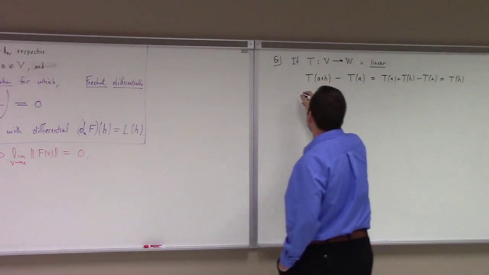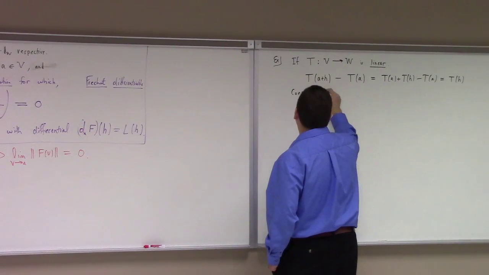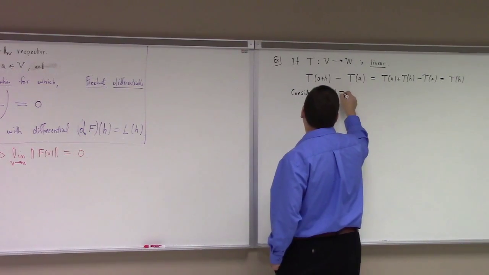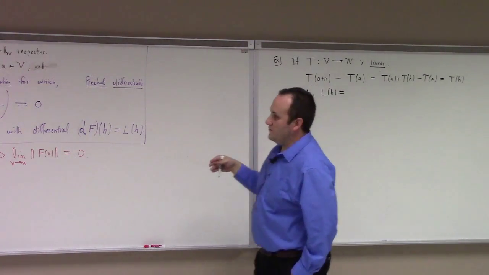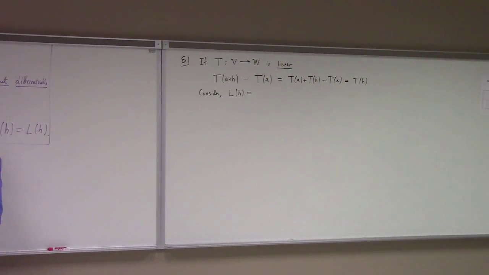So then consider, we're going to say L of h is equal to what? In order to prove that the linear transformation is differentiable, for the moment we're working with the definition, since we'll soon replace this with formulas that you guys will be happier about. To prove something is Fréchet differentiable, I have to propose a linearization to the change.